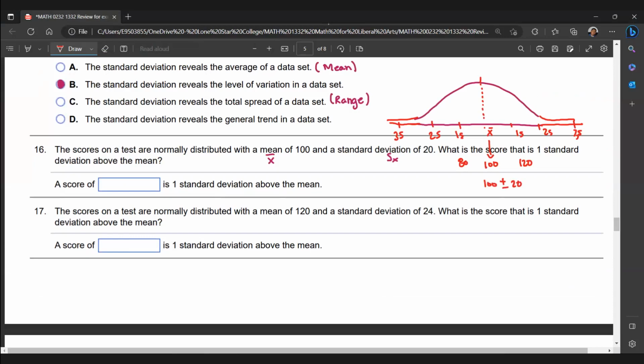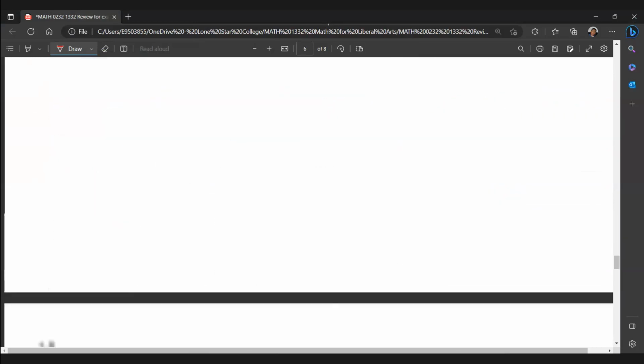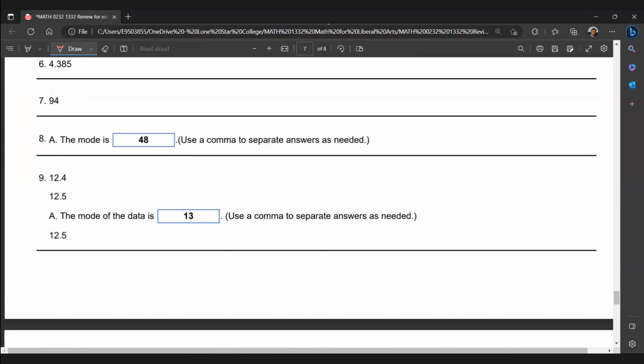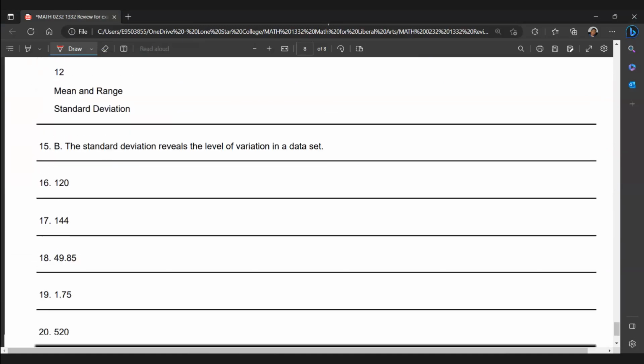So a score of 120 is one standard deviation above the mean. I think they mean to say here 120. Let's just triple check. Yes.